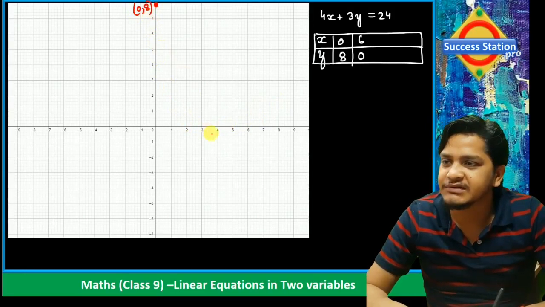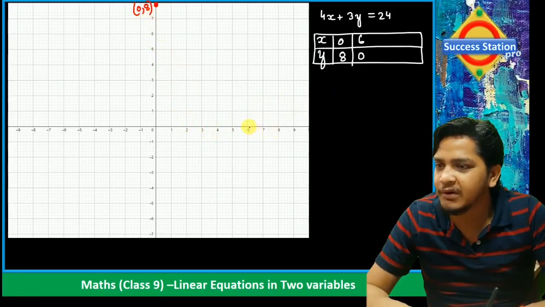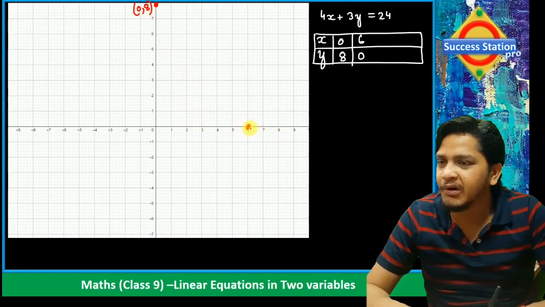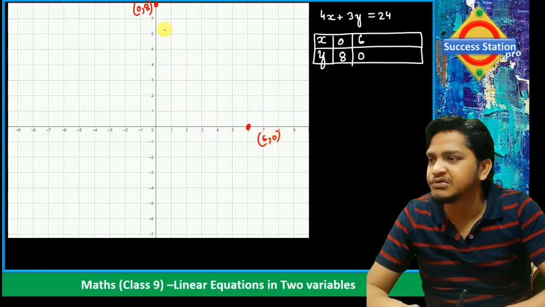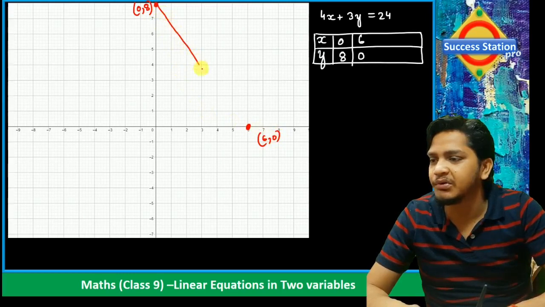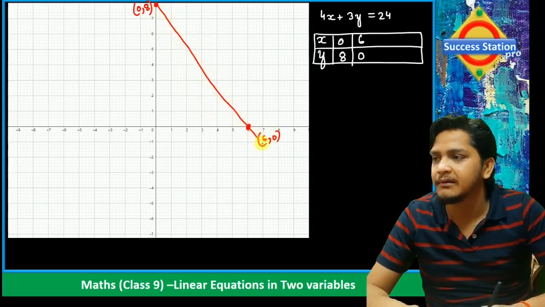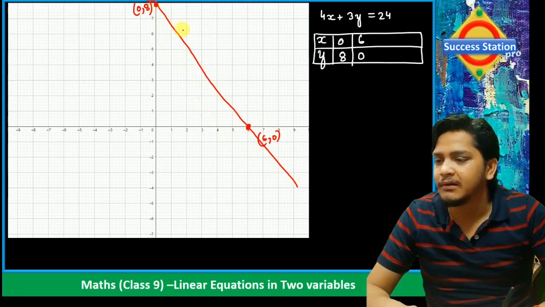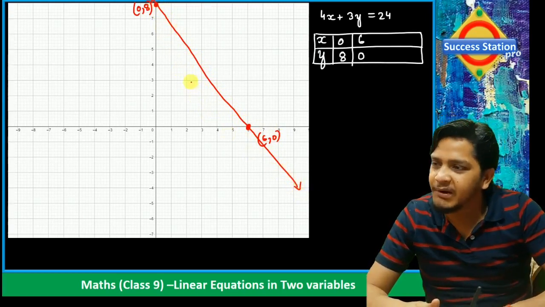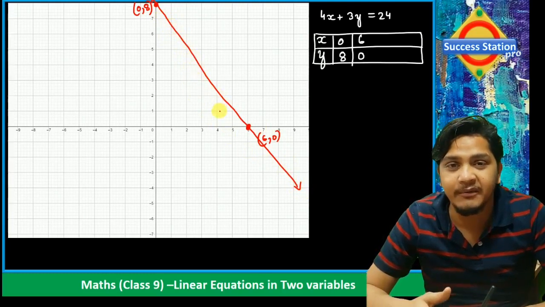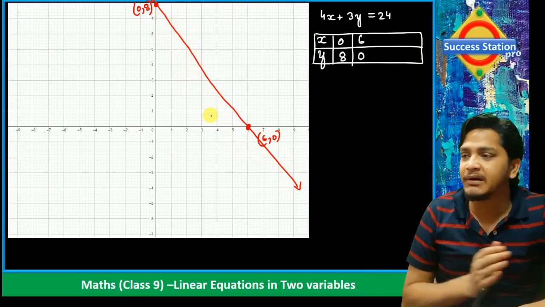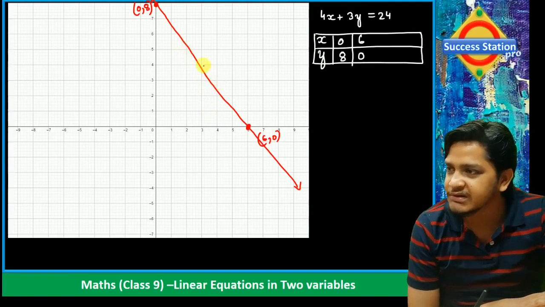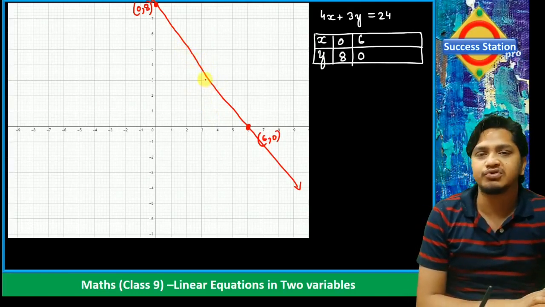Next, x equal to 6, y is 0. This is the point 6, 0. Just join both the points by a straight line. This will go further here. Every point that lies on this line will be a solution.